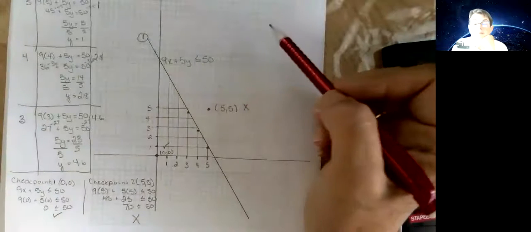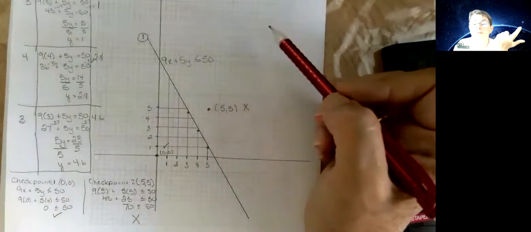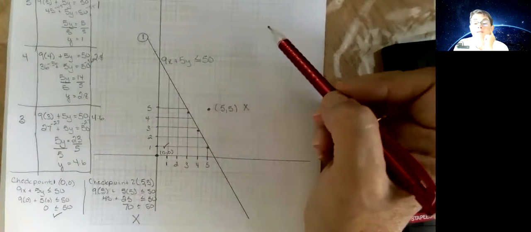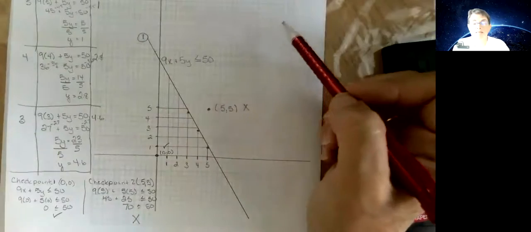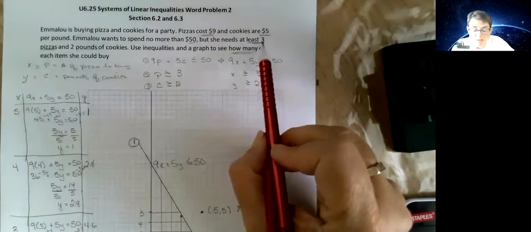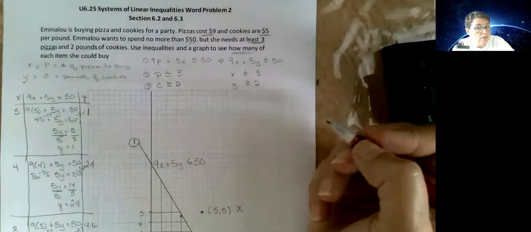So getting back to, we are buying pizzas and cookies. And we're going to assume, although the question doesn't say anything about having to buy a full pound of cookies, that we have to buy a full pound of cookies. And it also says she needs at least 3 pizzas and 2 pounds of cookies. So we might as well go with natural numbers on this one because there has to be more than one.